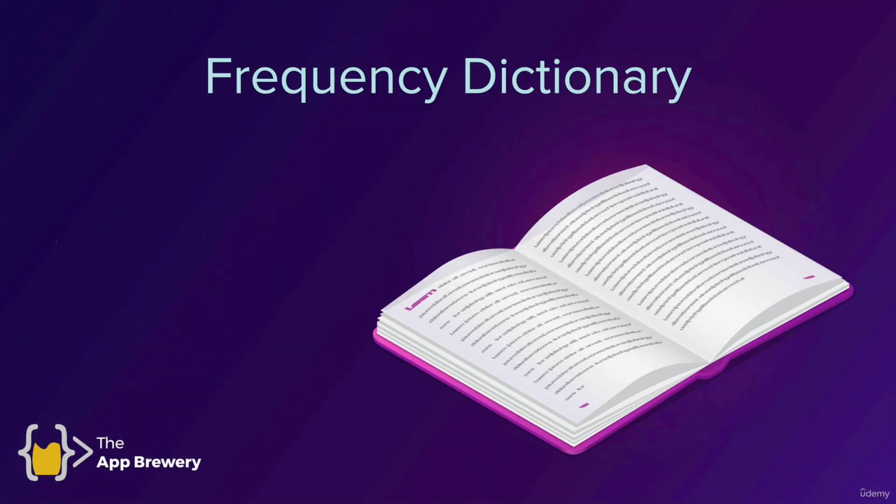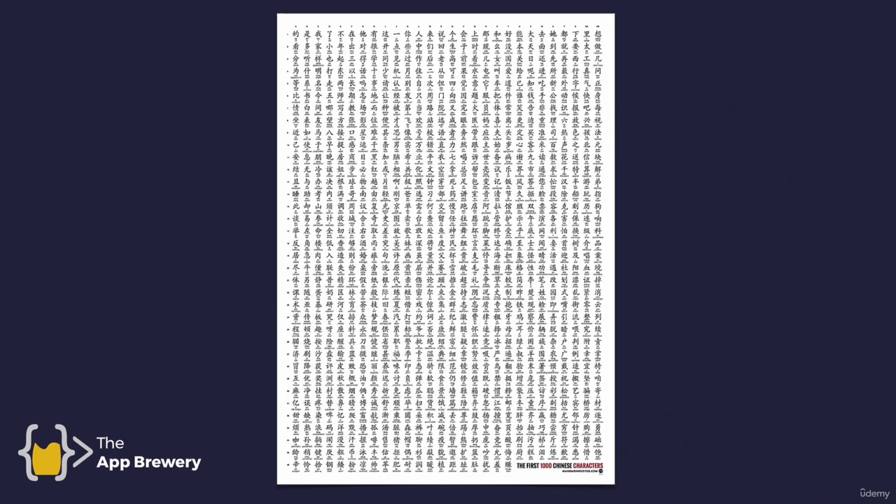But it's not just 1,000 random characters either. There's such a thing as a frequency dictionary. So a dictionary that's not listed by A, B, C, D, but it's actually listed by the frequency that a particular word occurs in common usage. For example, if you take the first 1,000 characters that are most commonly used, then you can pretty much read most of the newspapers, you can watch most of the TV shows, because these are the words that are the bread and butter of the language.